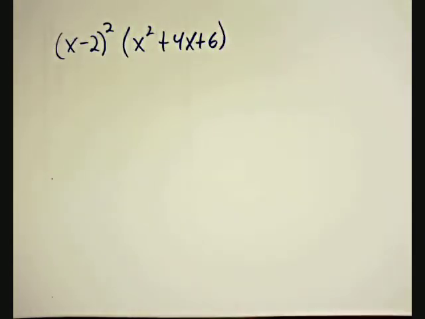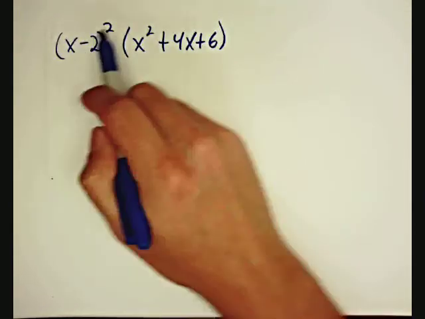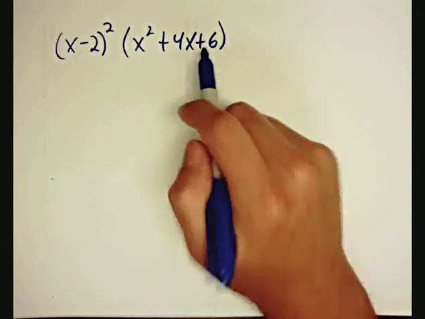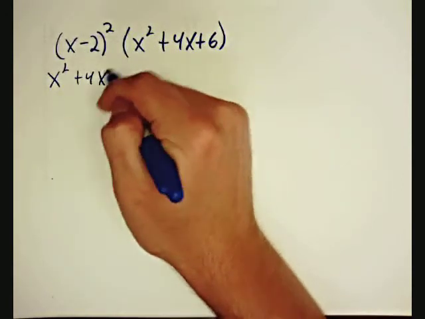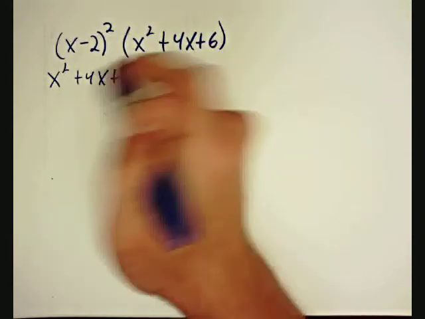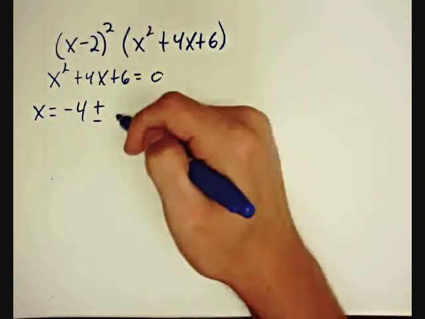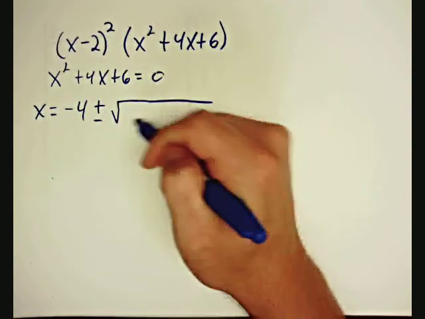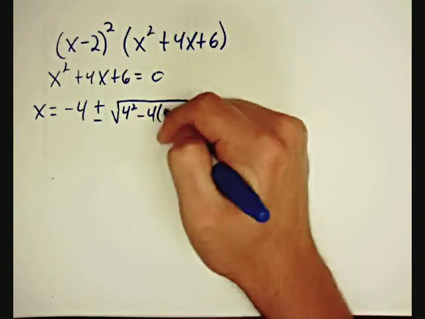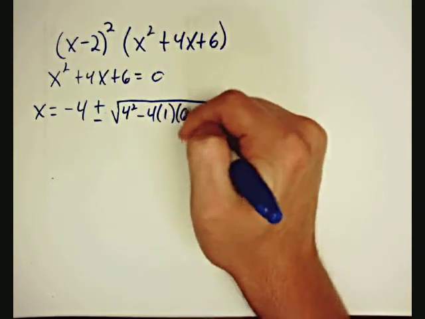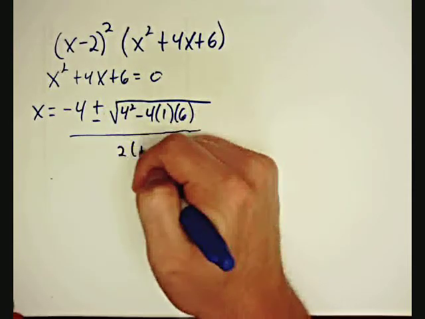So I already know that this will give me 2. Last thing to know is, what does this give me? So if we set this equal to 0 and solve using the quadratic formula, we'll have x equals opposite of b plus and minus the square root of b squared minus 4 times a times c all over 2a.